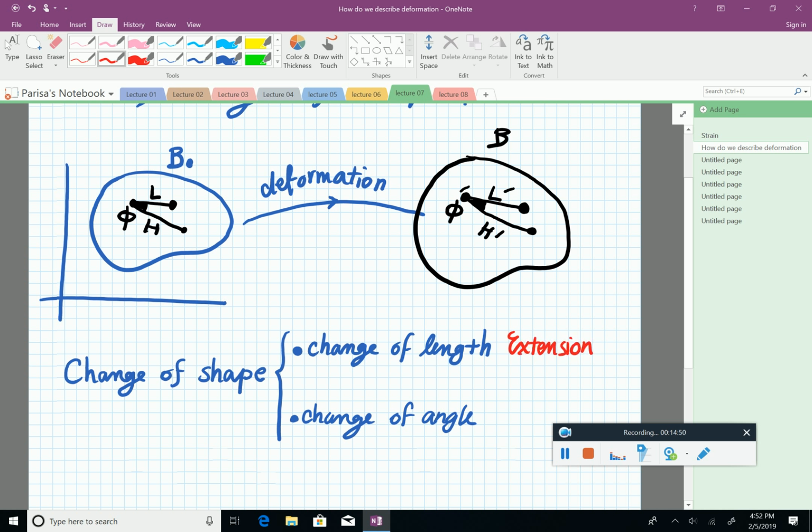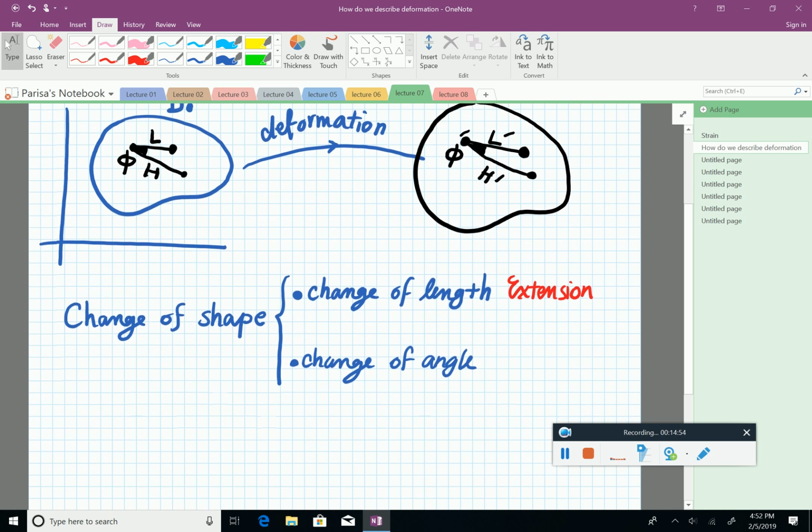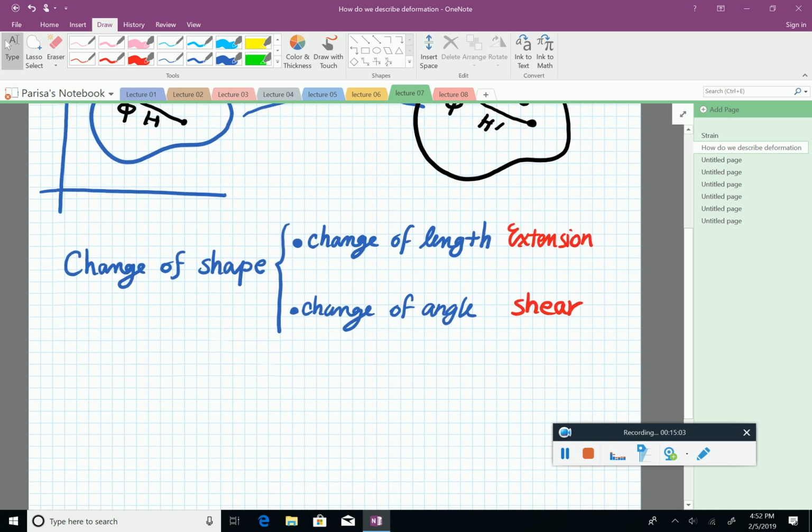It's more like it can, there are other terms for that. And this is shear, and this is what I think Gerald was thinking about. And this whole thing is what is related to a strain.